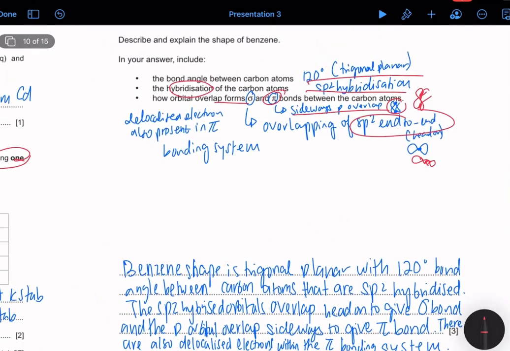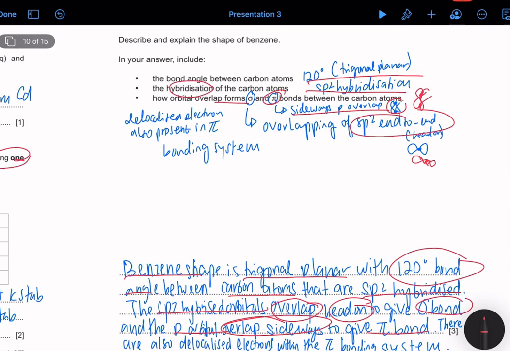So how do you approach this question? 3 marks. We can approach it by first mentioning the shape. The benzene shape is trigonal planar with a 120 degrees bond angle between the carbon atoms that are sp2 hybridized. The sp2 hybridized orbitals overlap head-on or end-to-end to give the sigma bond, and the p orbitals overlap sideways to give the pi bond.